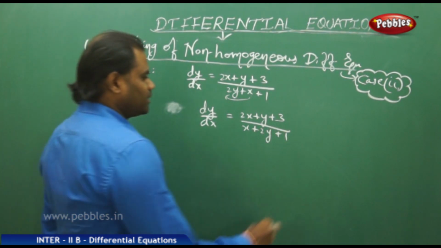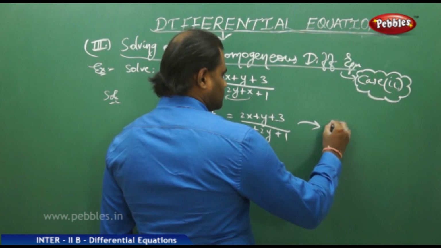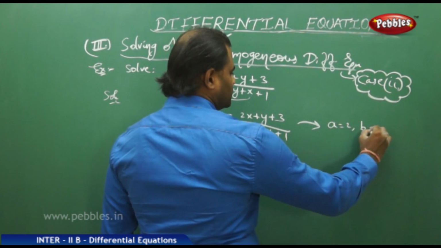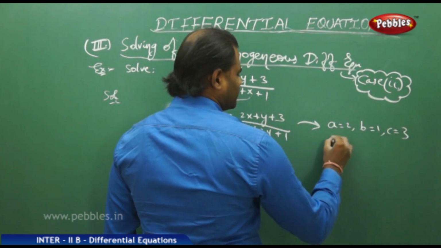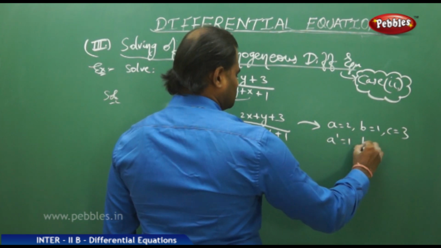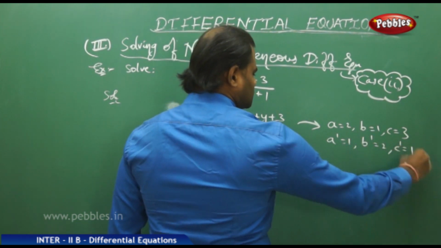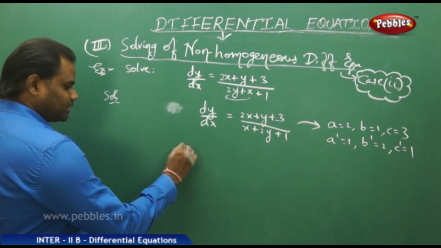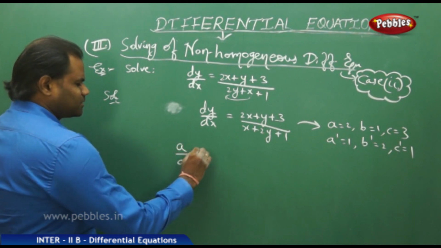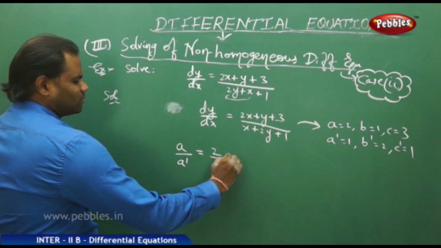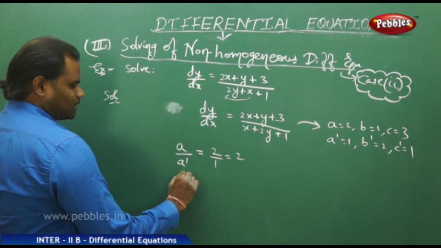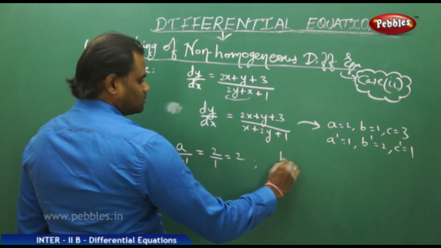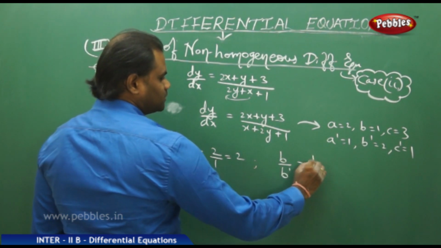Now clearly comparing this, a is 2, b is 1, c is 3, a dash is 1, b dash is 2, c dash is 1. Now to check for a by a dash, which is 2 by 1, which is 2, and b by b dash, which is 1 by 2.